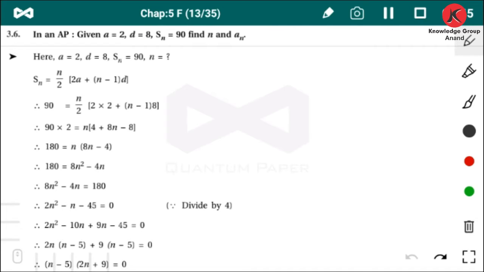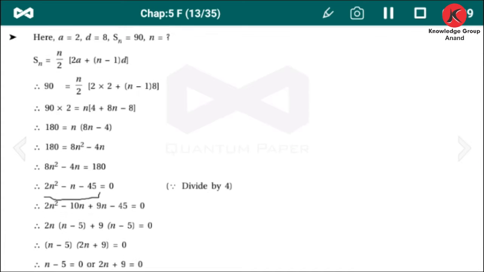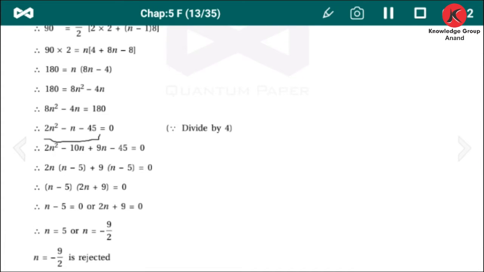Now factorize. 2 times 45 is 90. We need two factors whose difference is 1 and whose product is 90. Now split the middle term: 2n square minus 10n plus 9n minus 45 is equal to 0.